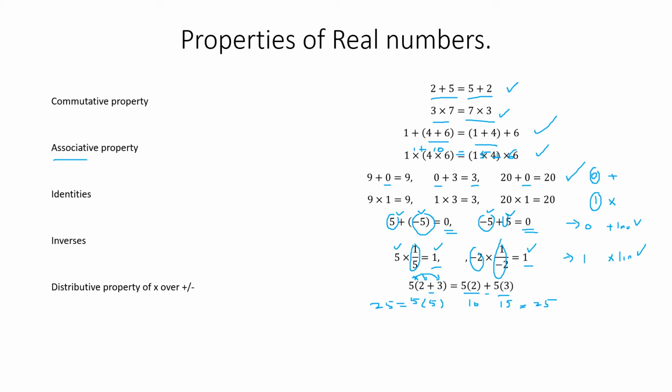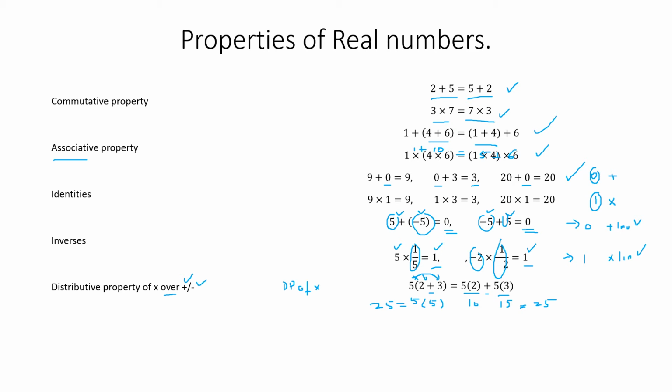If it is plus, we say distributive property of multiplication over addition, and if inside it is minus, we say distributive property of multiplication over subtraction.